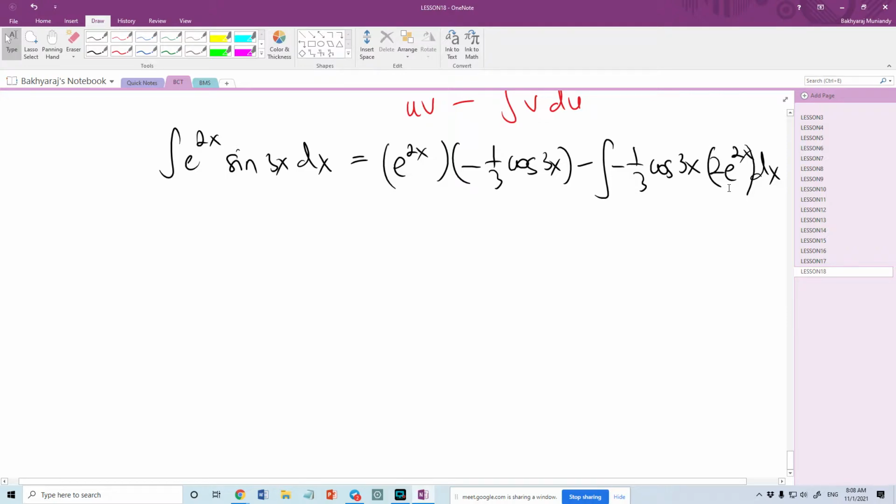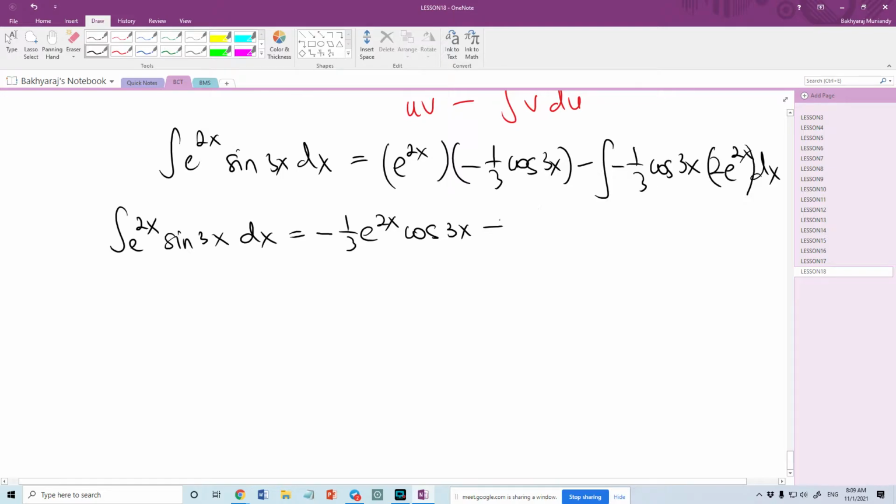Now we need to simplify. What do I get? I write again, exponent 2x sine 3x dx equals, so exponent times cos, we get negative, right? Negative 1 over 3, so I put the fraction in front: negative 1 over 3 exponent 2x cos 3x, minus.